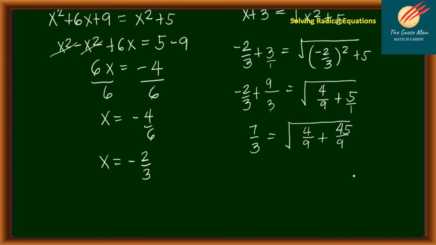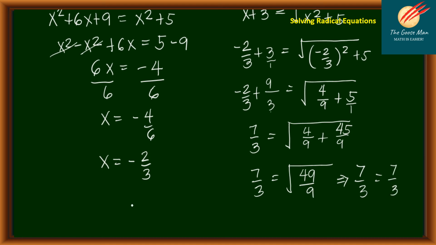Simplifying it further, I have square root of 7 over 3 is equal to the square root of 49 over 9. Or this can be simplified as 7 over 3, and take note the square root of 49 is 7 and the square root of 9 is equal to 3.